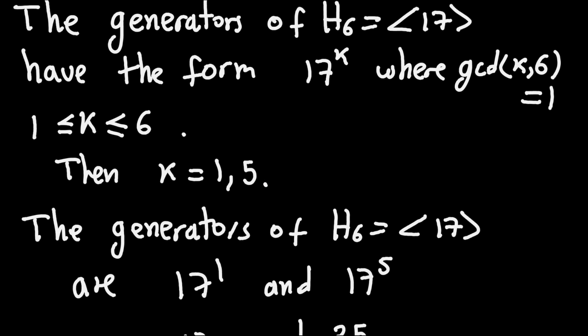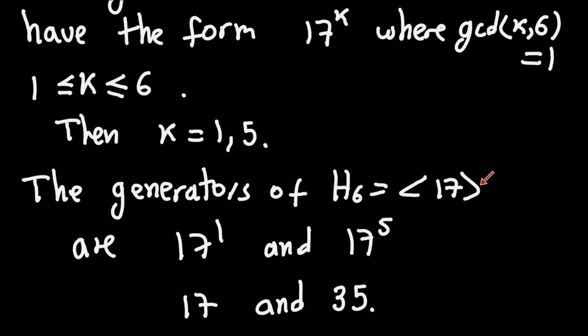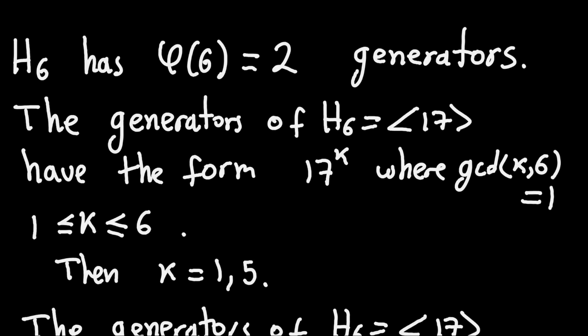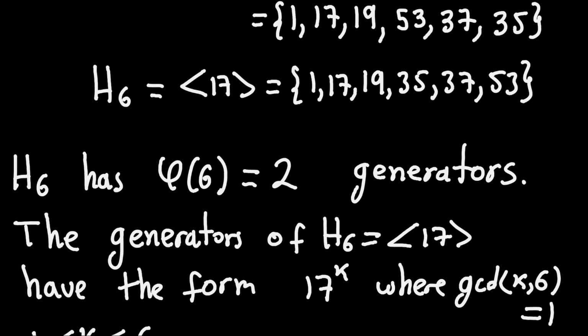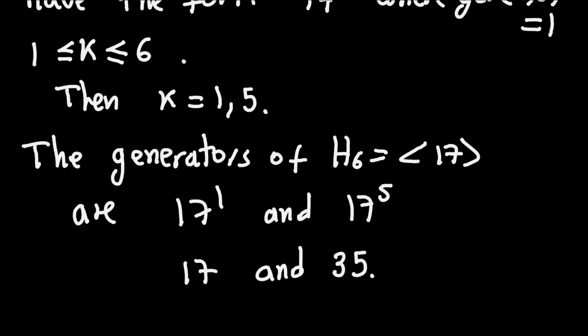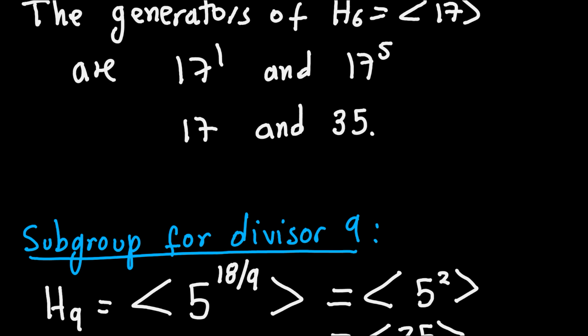The generators of this subgroup will be 17 to the first power and 17 to the 5th power. If you simplify this modulo 54 again, you get 17 and 35. So we have exactly 2 generators. In this list, the 17 and the 35 are the generators of this subgroup here. Now let's do a couple more.